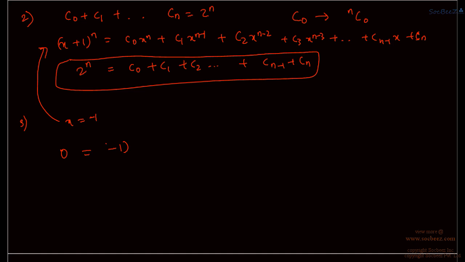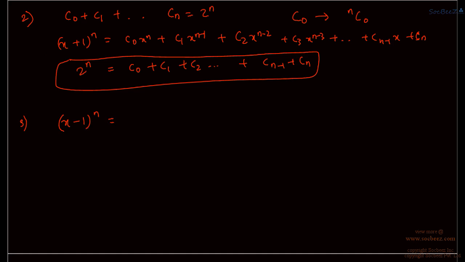The sign will be minus 1 power n into C0. Similarly, okay, so instead of that, I'll actually write it in a different manner. So I'll not put this. I'd rather write this as (x minus 1) power n.